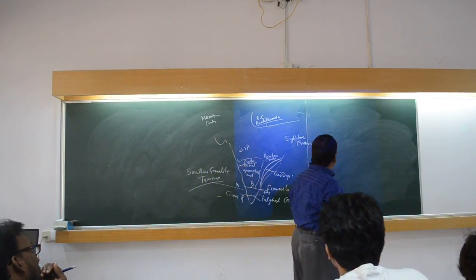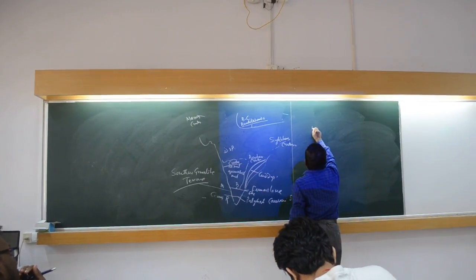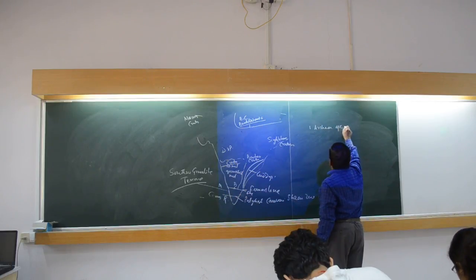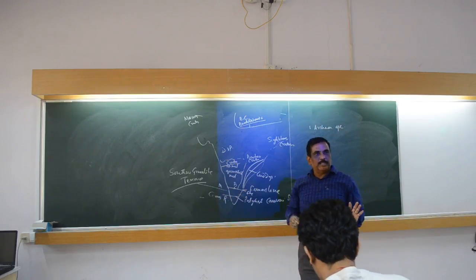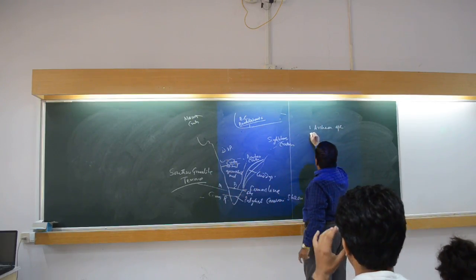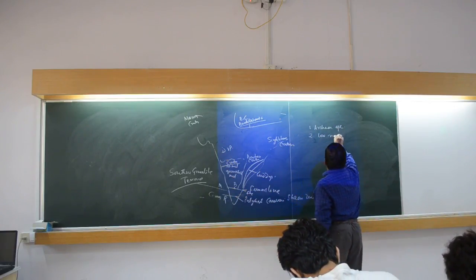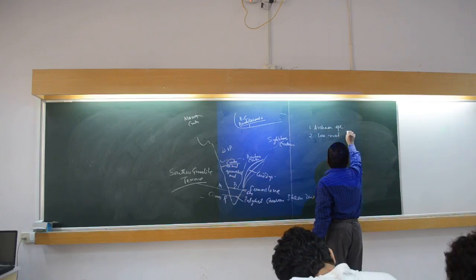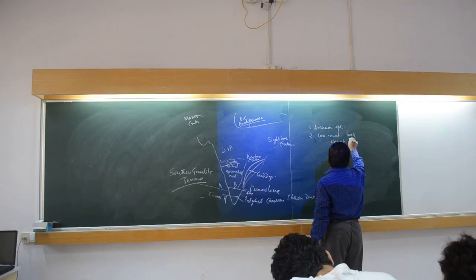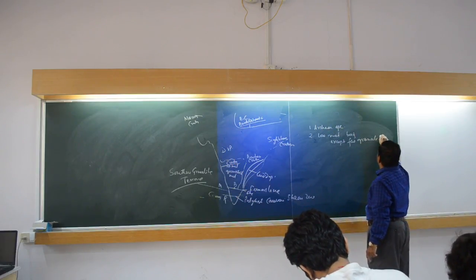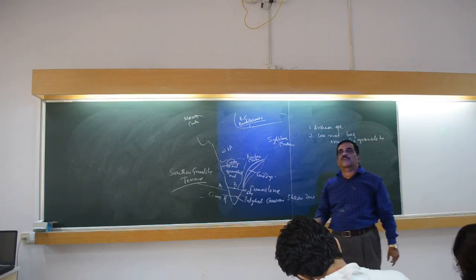Now, these cratons, as I told you, are all Archean. Understood? These Archean rocks are mostly low grade metamorphic, low metamorphic grades, except a few. The others are mostly low grade rocks.